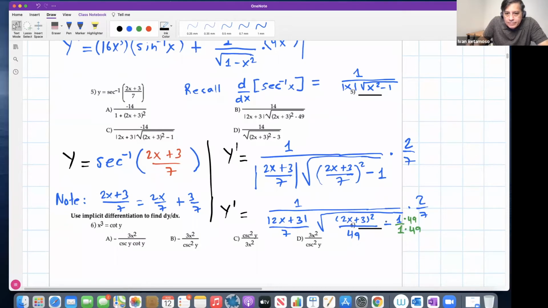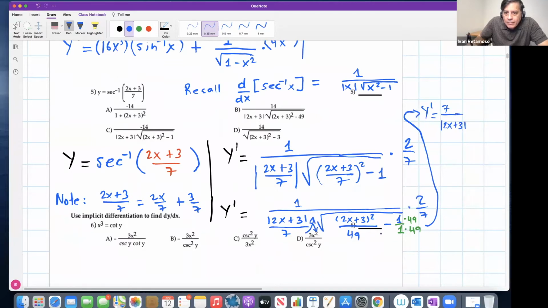Y prime will be equal to what? Well, 1 over this fraction is the reciprocal of this fraction, so this gets flipped: 7 over 2x plus 3. That's that.